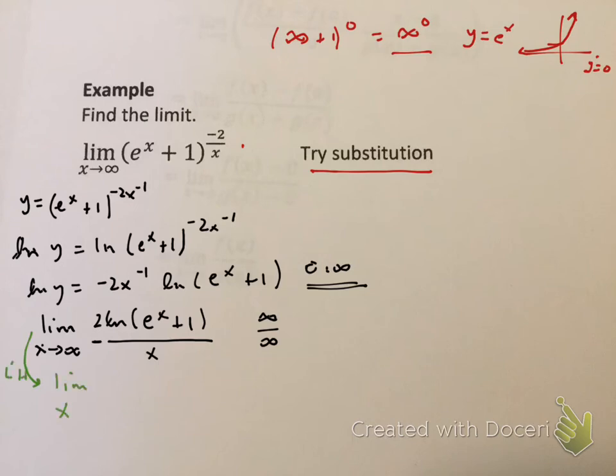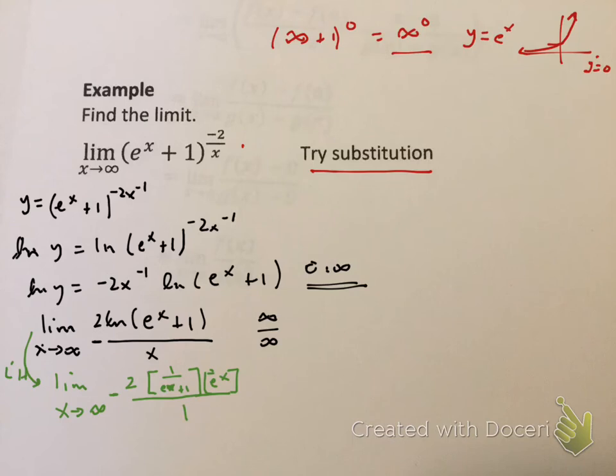So I have the limit as x approaches infinity of negative 2 times 1 over e to the x plus 1, times another e to the x, once I take the derivative using the chain rule. And down in my denominator, I just simply have a 1.